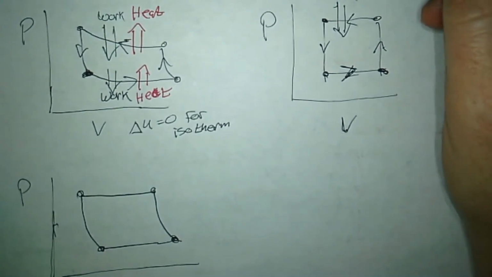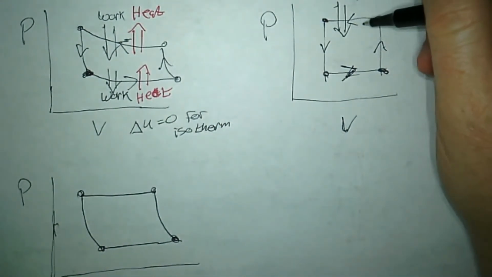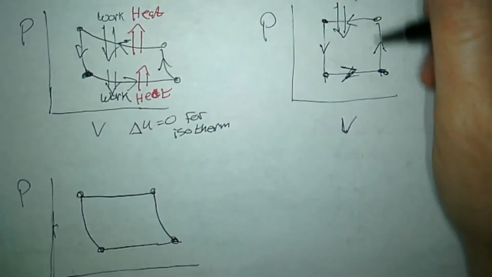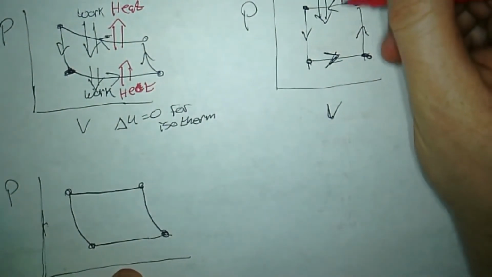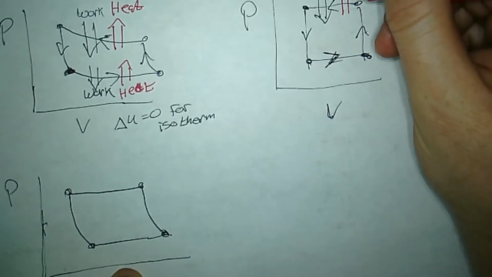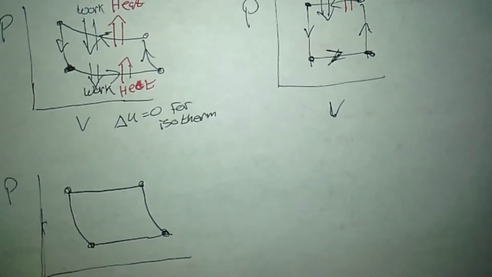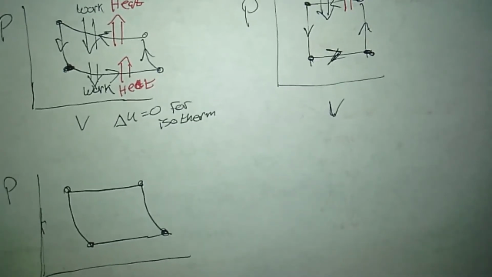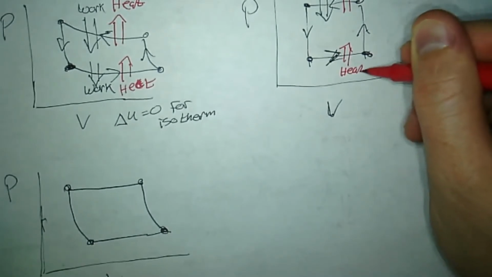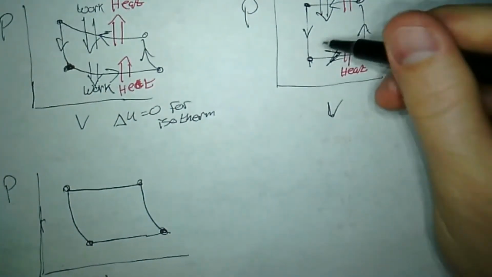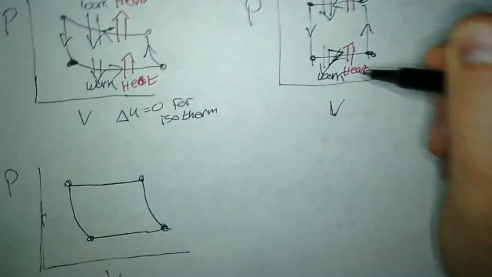Actually, I do know which way heat flows, never mind. It's just going to be the opposite, because we've switched the direction. We're just undoing the process. So I know that my heat is going to be going this way, and then my heat also must be going this way. And the work must be going like that.